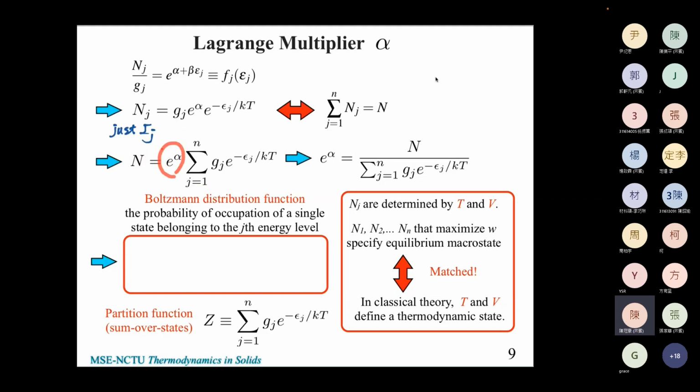And exponential alpha can be obtained by moving this right hand side to the left hand side. So you can get exponential alpha equal to such ugly things. Okay, but don't worry, it will look a bit better if we write it down here.